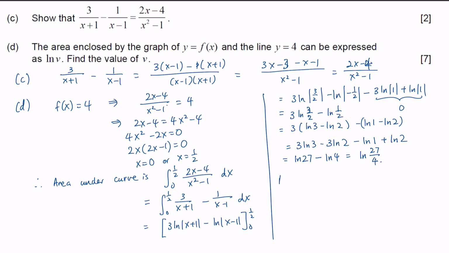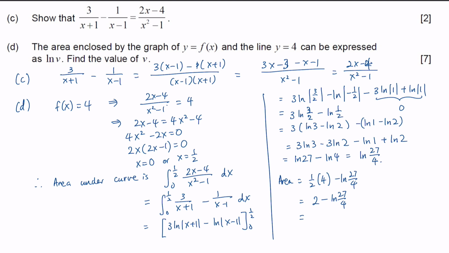So the required area, okay, is equals to the area under the rectangle, minus the area as found above, right? So that's going to be half times 4 minus ln of 27 over 4. Okay, half times 4 is the area of the rectangle. So that's 2 minus ln 27 over 4.